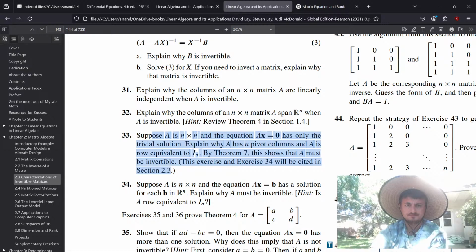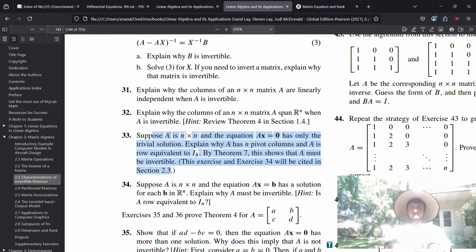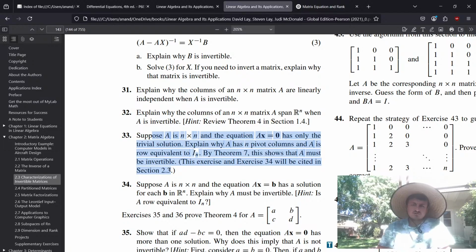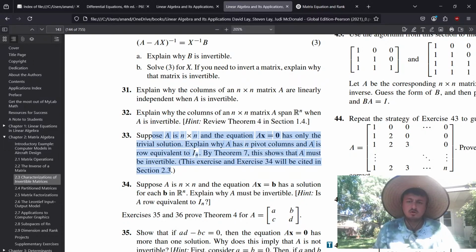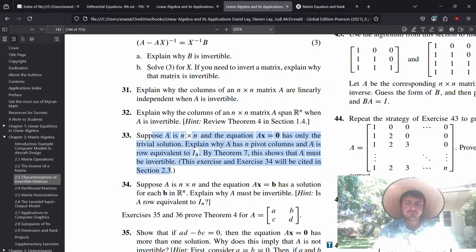Explain why it's row equivalent to the identity. I mean, if it's square and it has n pivot columns, then we know we can just back substitute and make it diagonal. And then at that point, you could just scale it.